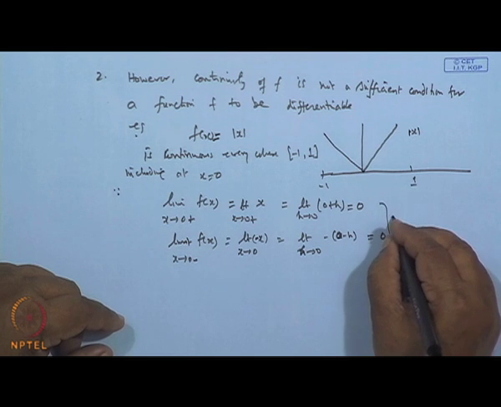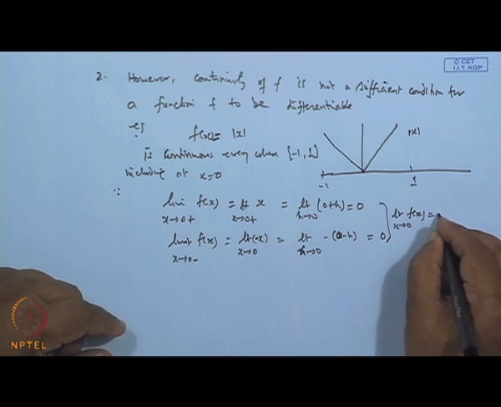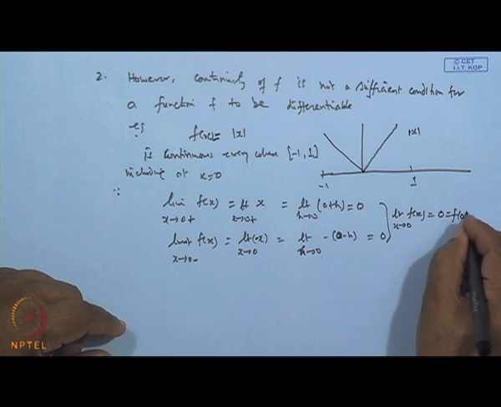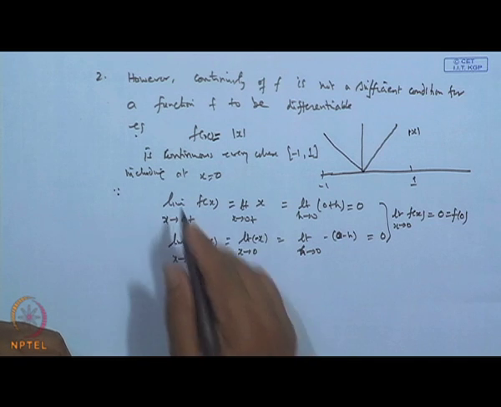So, the limit exists, the limit of the function f x when x tends to 0 is 0, which is the same as f of 0. So, the function is continuous at 0.